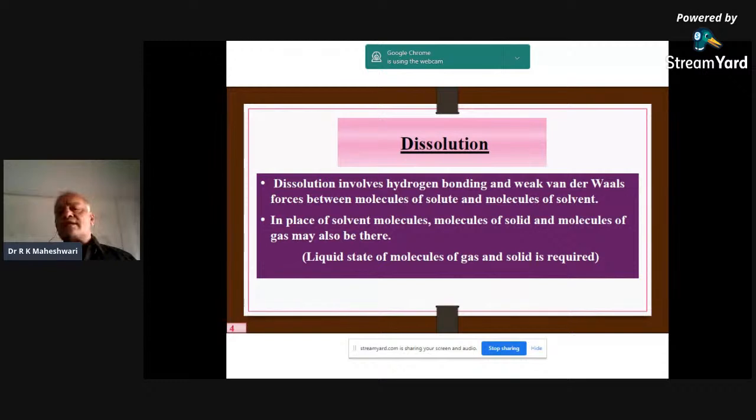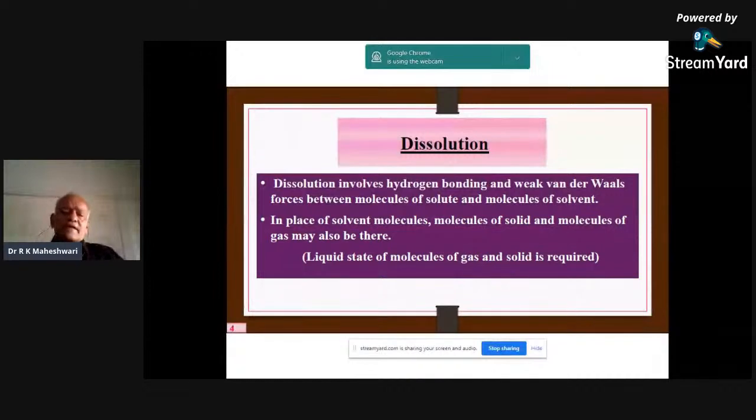Suppose your solute is sodium salicylate and you are dissolving it in water. Why does it get dissolved? Because between the sodium salicylate molecules and the water molecules there is hydrogen bonding and weak van der Waals force, because of which the dissolution occurs. So it is a very simple mechanism.